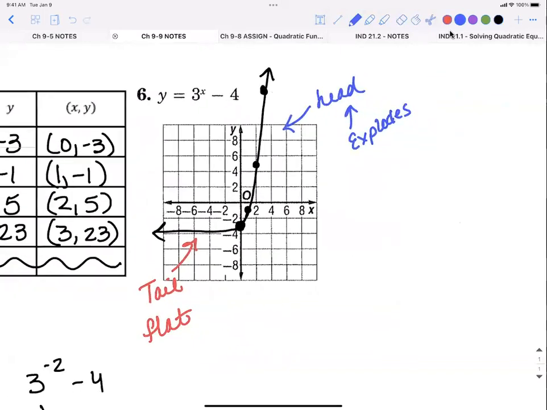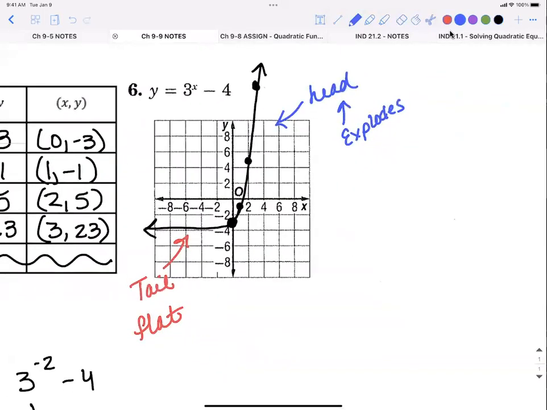And also, if you just make a note for yourself, if you have y equals -3 raised to the x minus 4, the graph would just flip-flop and do the other way. Your tail would run this way and your head would be exploding this way.